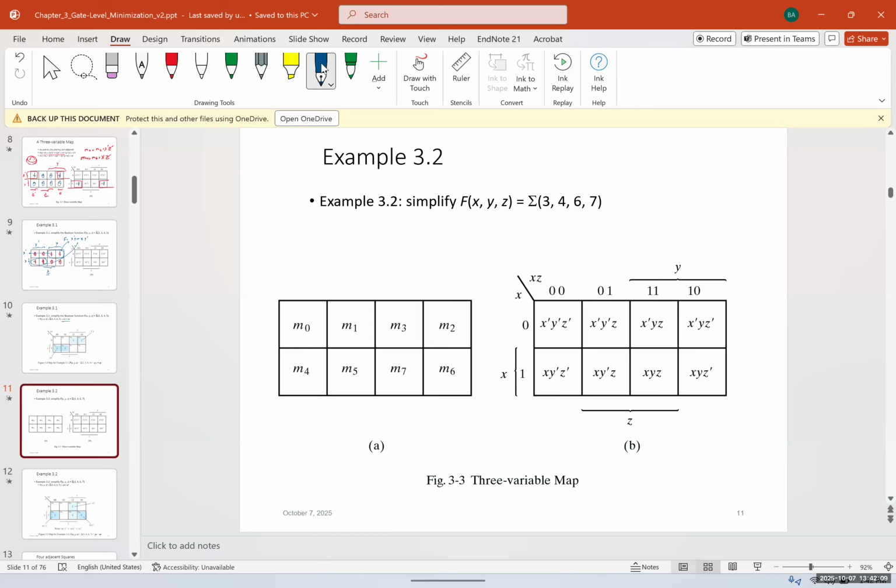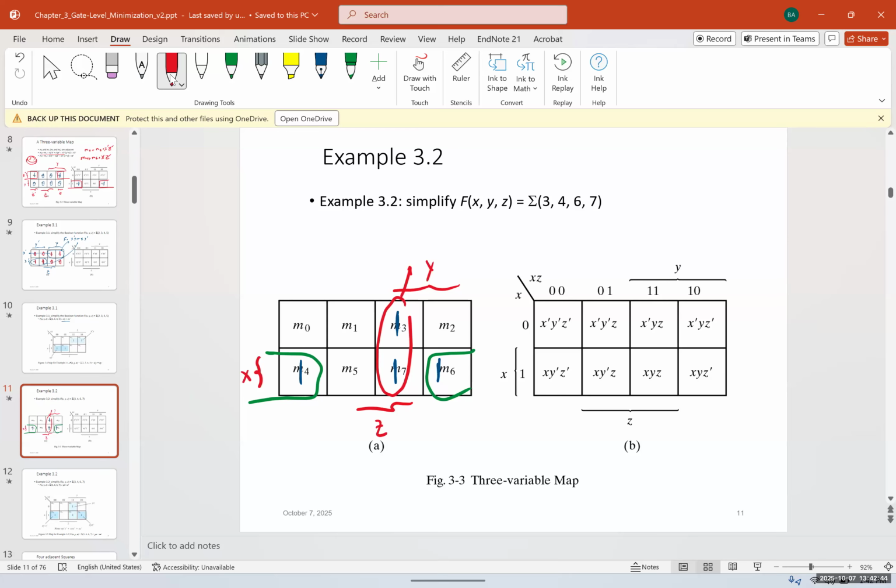Does anyone have the answer? Did you get yz? Yes. So we have 3, 7, 4, and 6. I can put these two in one combination and put these two in another. So for the red one, by the way, this is y, z, x.